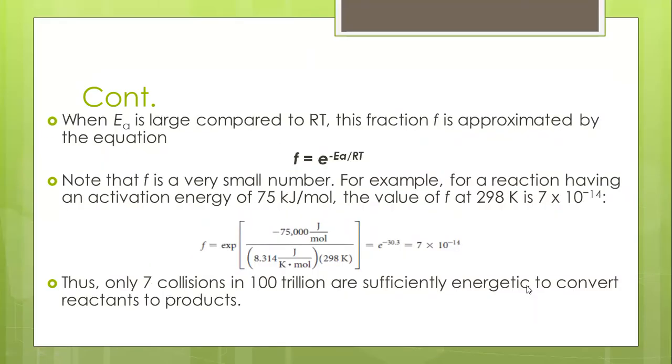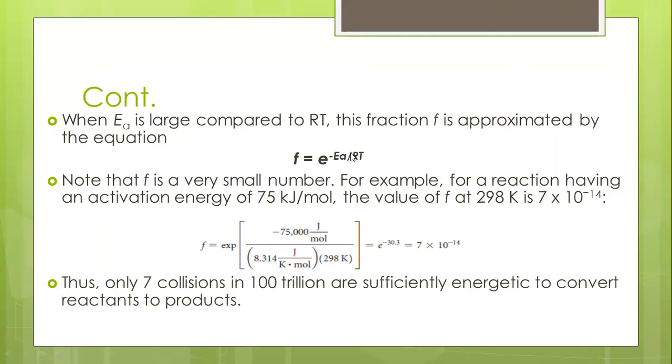When EA is large compared to RT, this fraction f is approximated by the equation f equals e to the power minus EA by RT, where R is the gas constant having a value of 8.314 joules per kelvin per mole, and T is the absolute temperature in Kelvin.